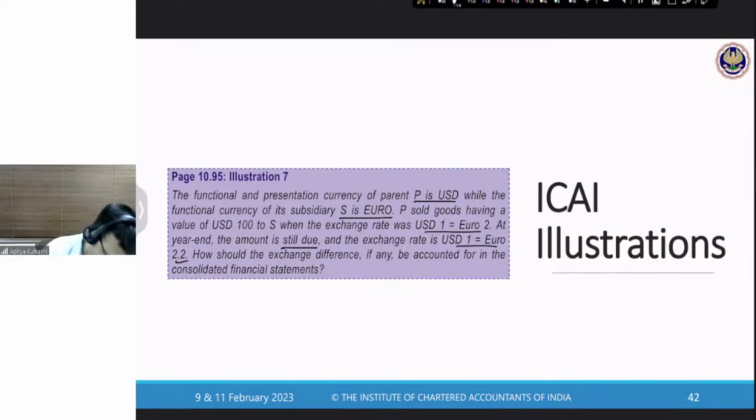So what entry will the parent pass? Functional currency, dollar. Parent will pass the entry: S Limited debit to sales, $100.